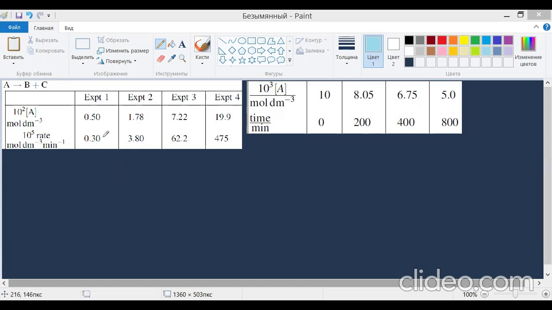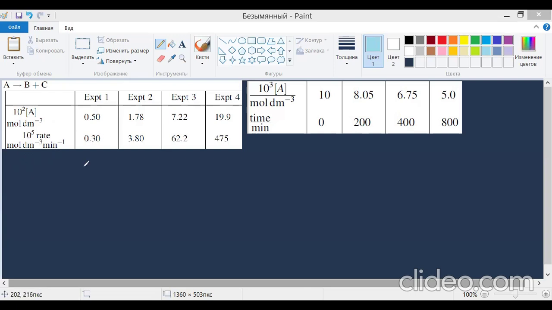We can see that the third line of this table contains the information related to the value of the rate of this reaction. But we should bear in mind this factor, 10 raised to 5. That means that this value should be divided by this factor, okay? And the measurement unit of this rate is mole over liter per minute.